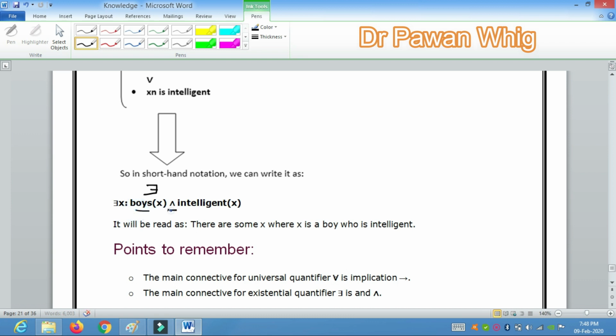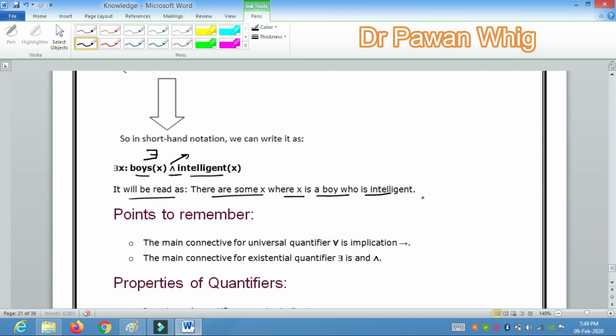This is the sign of the existential quantifier, are intelligent. So it will be read as: there exists some x, where x is a boy who is intelligent. These kinds of properties are not available in propositional logic. That is what we call its limitation, but these limitations are overcome in predicate logic.